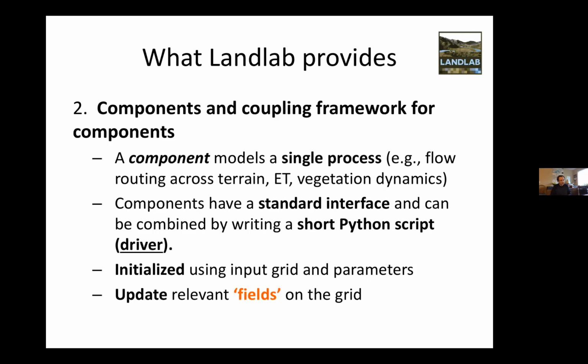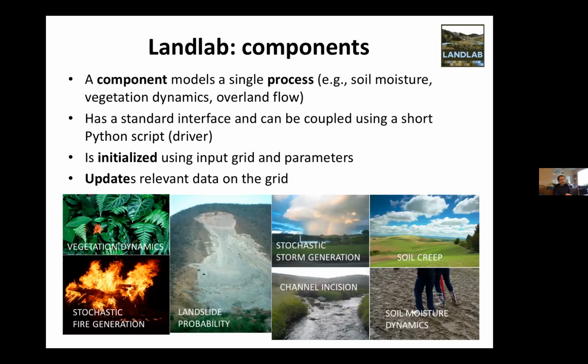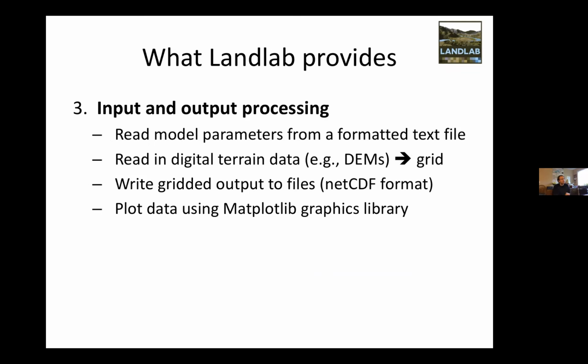Then you initialize the models using input grid and parameters and update the relevant fields of the process that you're modeling. These are some of the examples of the components. We have vegetation dynamics component, we have fires, landslides, stochastic storm generation, soil creep, channel incision, and soil moisture, just to give you some examples.